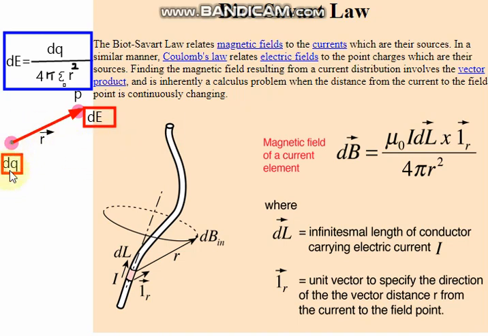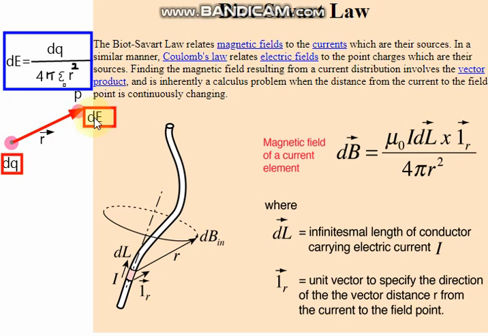So, if dq is a small charge element of a charge distribution, then the electric field produced by this particular charge element at point P, or in other words, the contribution of one of the charge elements dq of the charge distribution at the point P is given by dE, where the point P is at a distance r from this source charge element dq.